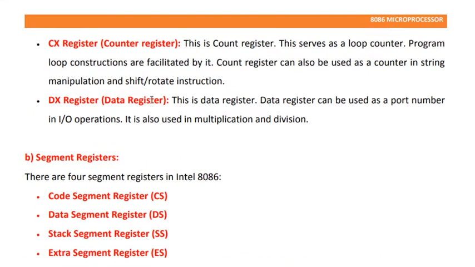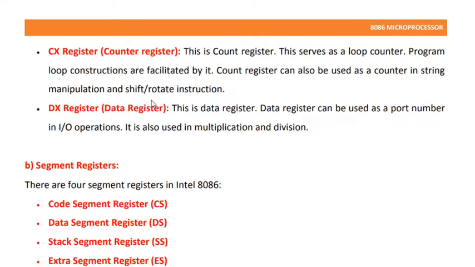Now the CX register. The CX register is also called the count register. This register serves as a loop counter. So the CX register is used as a default register while performing loop related instructions.